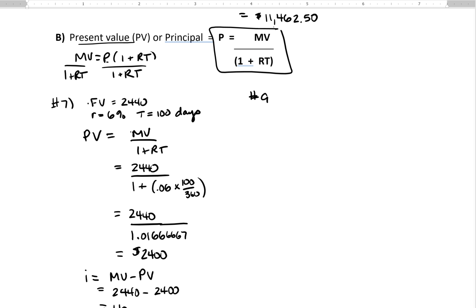Question number 9, just do another one. The future value is equal to 8867.25. The rate, interest rate, I believe that one is 11.125%. And time is 6 months.